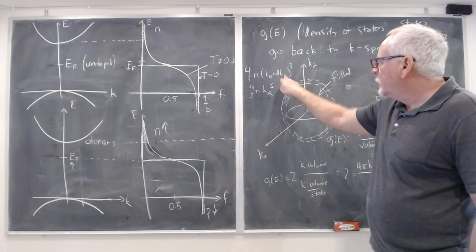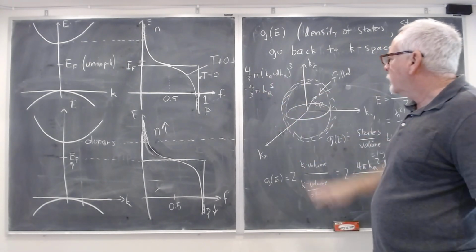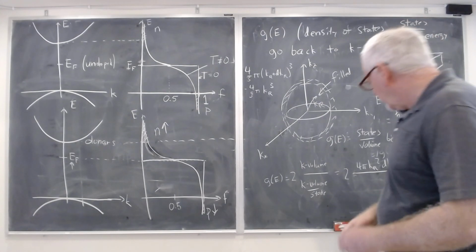This is the volume of the shell plus dkr. Why don't we do that?